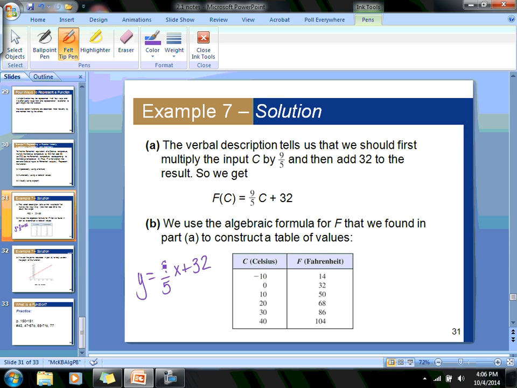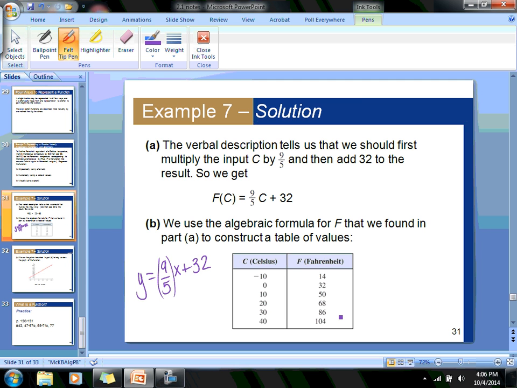You'd have to put the 9/5 in parentheses in your calculator, and then you could go to the table of values. Here they're just showing every 10 degrees, and you could adjust your calculator to have that setting as well. And then we've got the Fahrenheit equivalents here.